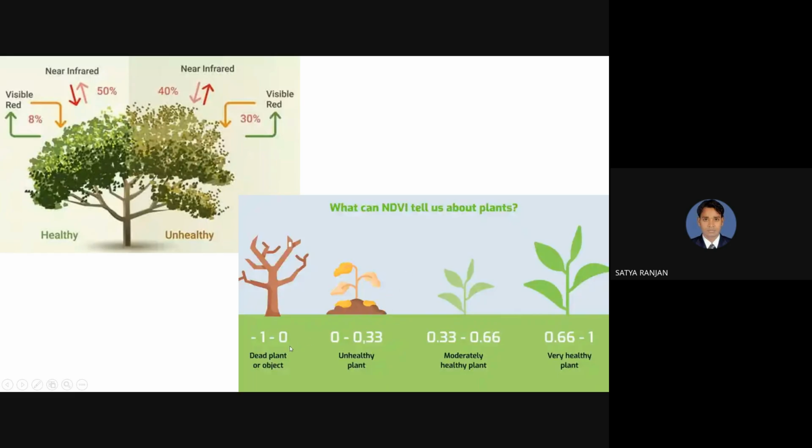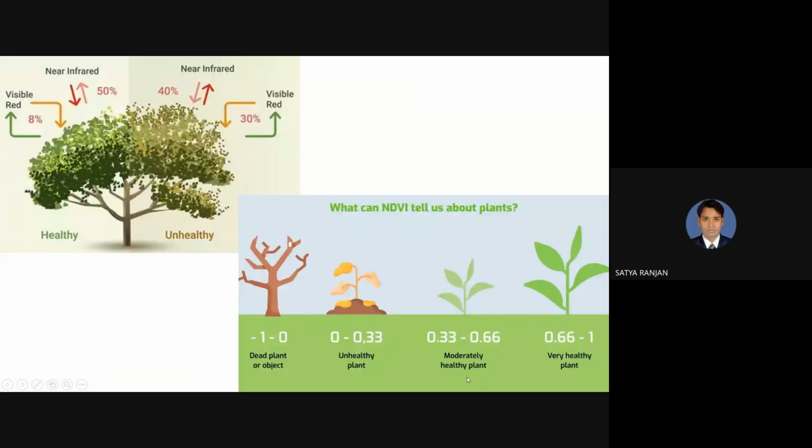Then what is the value for NDVI? Suppose this is a stressed dead plant, then its NDVI value is -1 to 0. So this is the range of a dead plant or any object. And suppose there is unhealthy vegetation, then its value is 0 to 0.33.